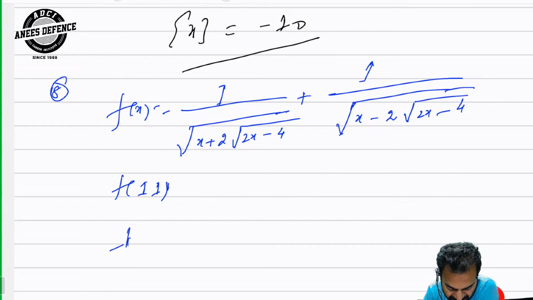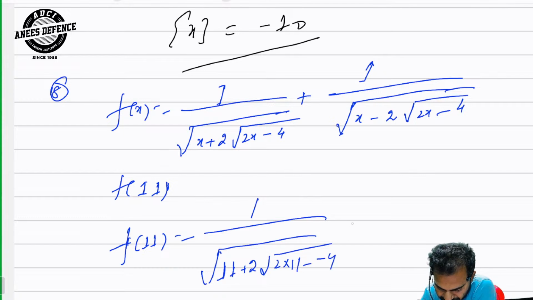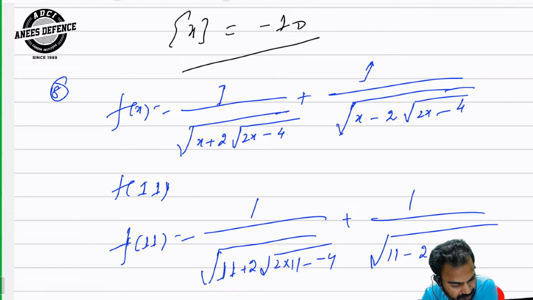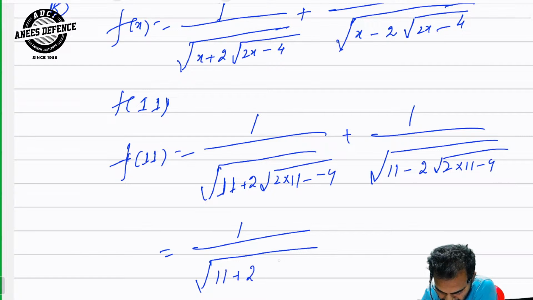Let's put directly f of 11. 2 into 11 minus 4. I will solve this. Twenty-two minus 4.